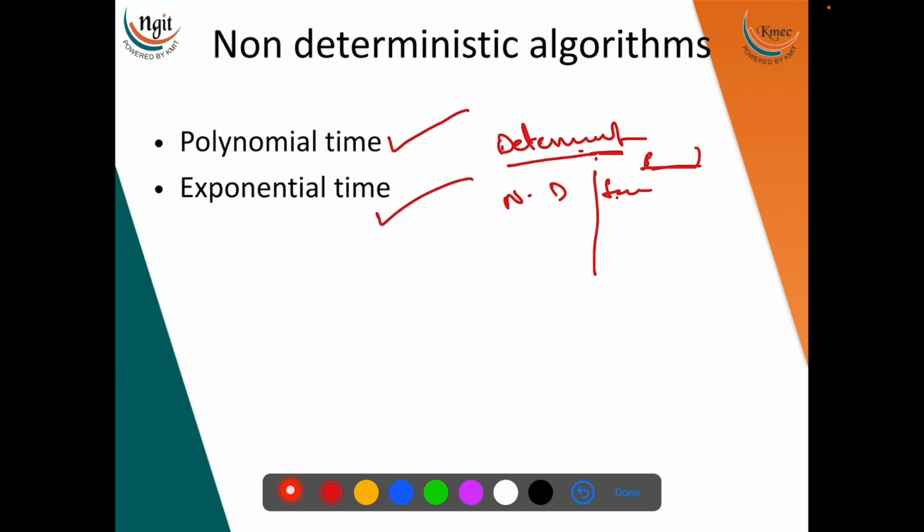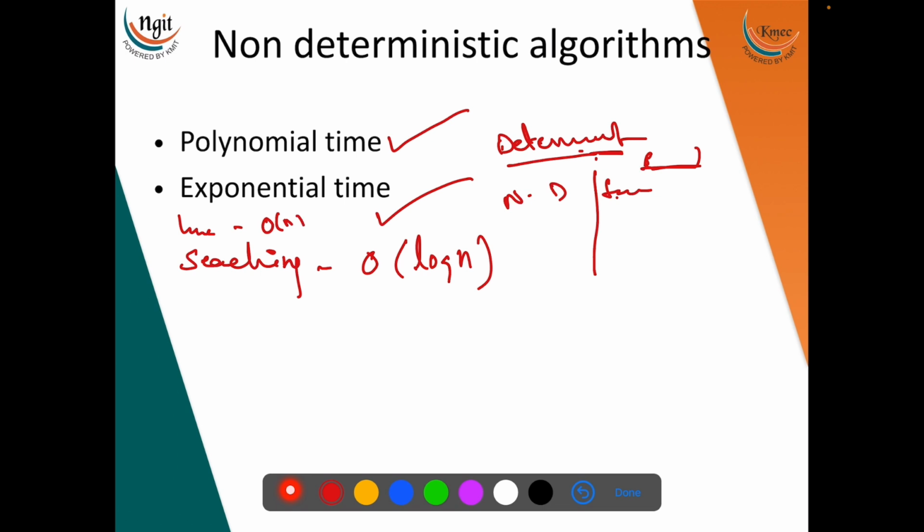The first group consists of problems whose solution times are bounded by a polynomial. For example, the searching algorithm takes big O of log n at best. You can take linear search also, but it takes big O of n, correct?